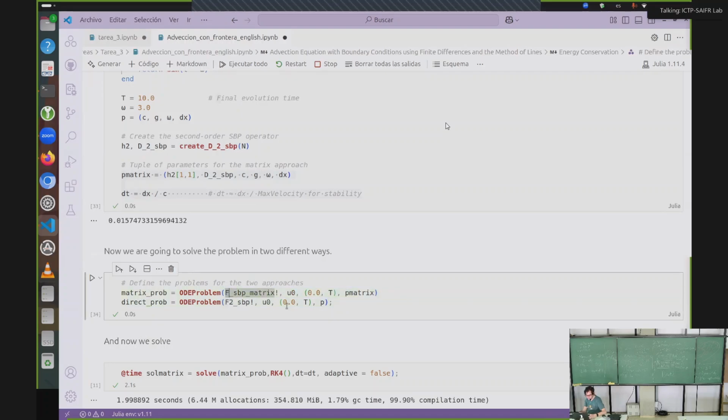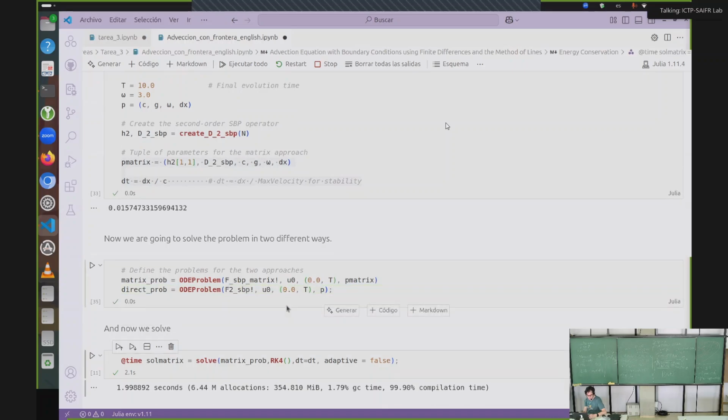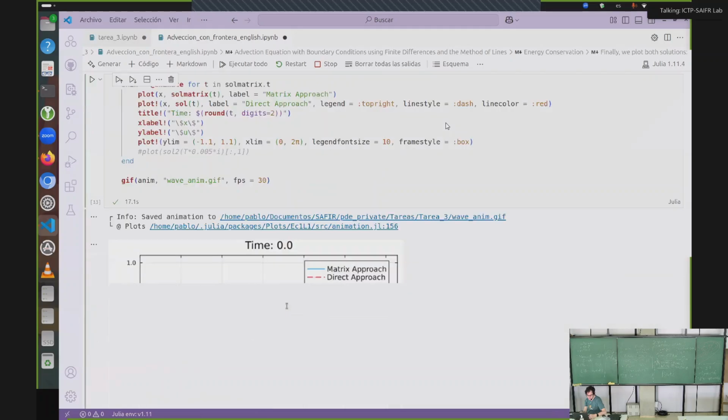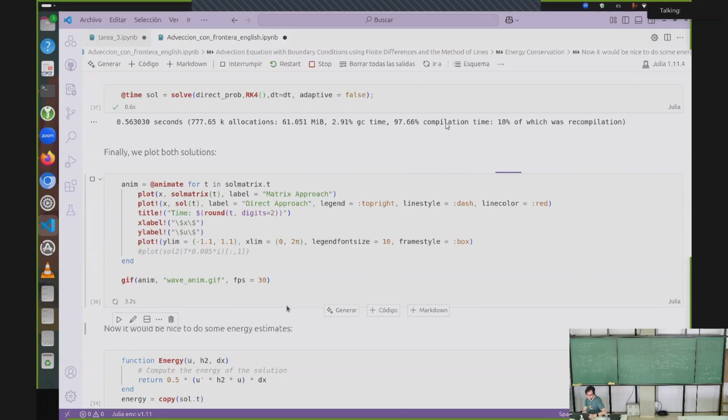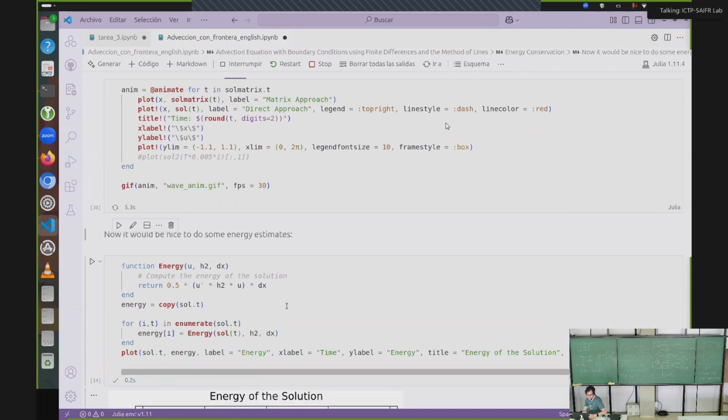One will be the matrix approach, and the other one will be the summation by parts approach, the direct approach, right? So we solve both equations, and now we plot. Plotting again here.